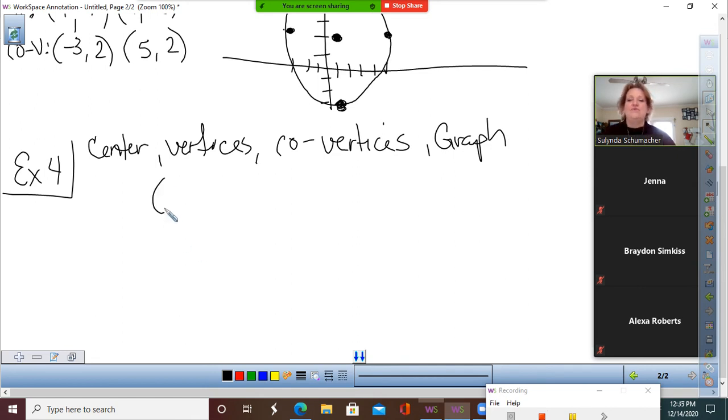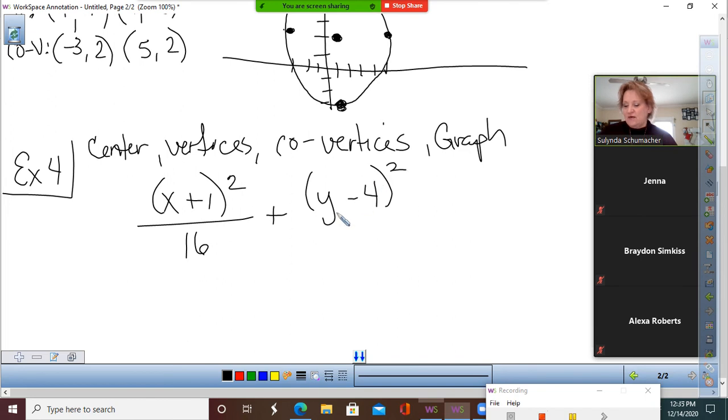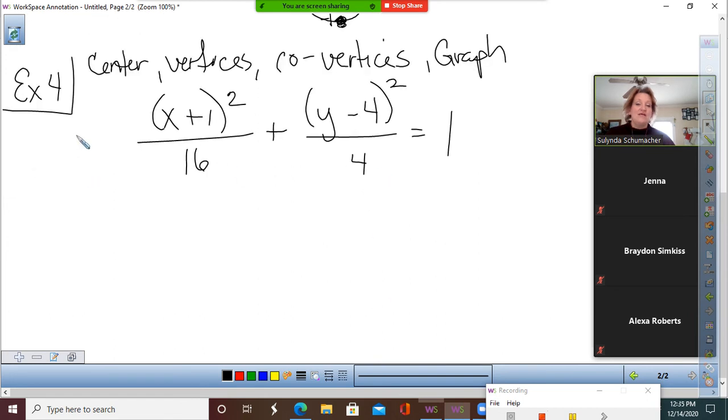So let's do x plus 1 squared over 16 plus y minus 4 squared over 4 equals 1. So just looking at the equation, you should know that this is going to stretch side to side, right? Because the bigger number is on the x-axis, or underneath the x. So let's start with our center. Our center is at negative 1, positive 4. All right, so let's graph our center.